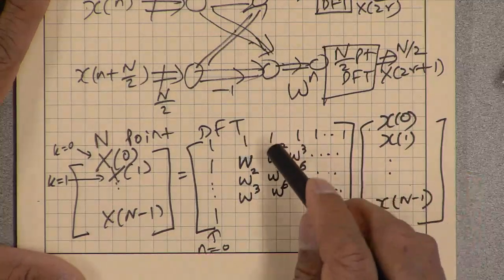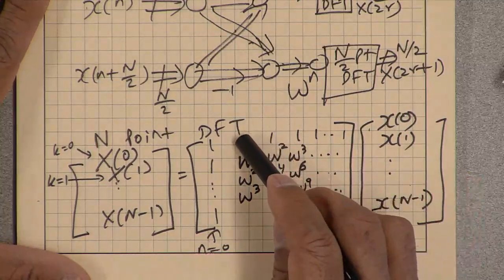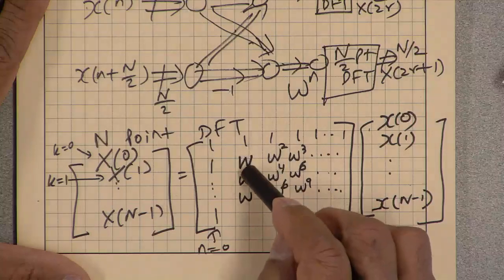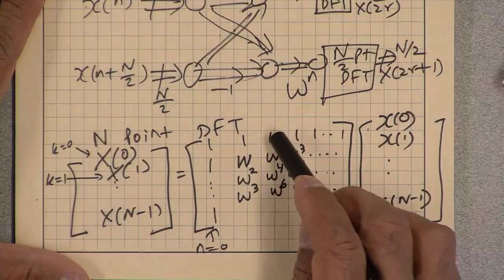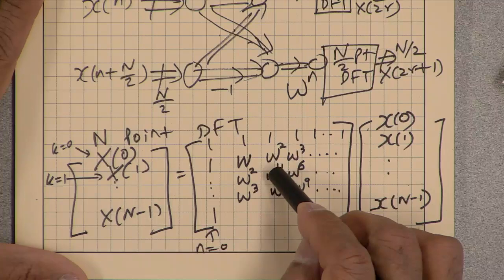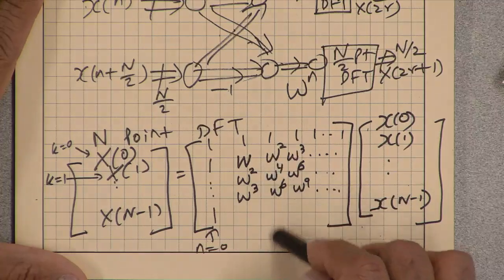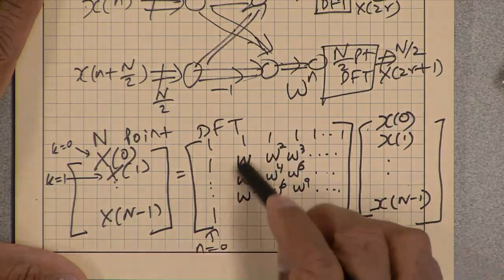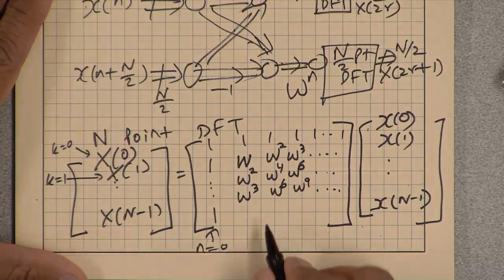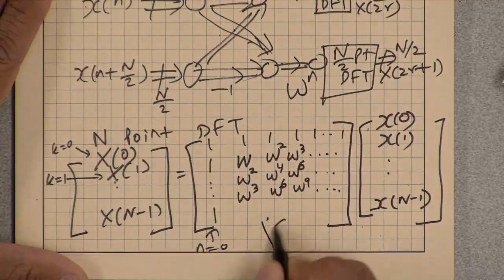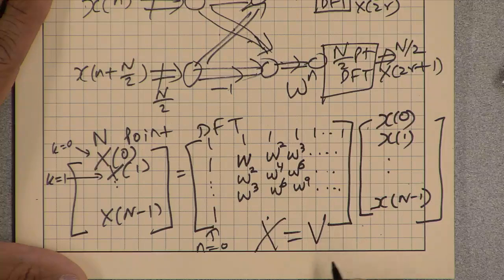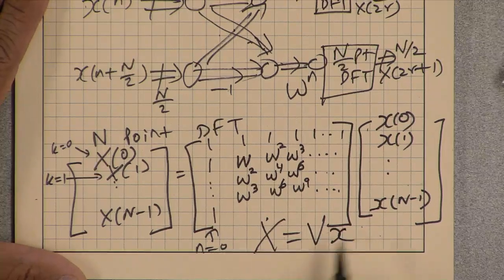So if you look at the first column, W squared, W cubed, etc. Second column, W squared, W fourth, 6, 3, 6, 9, etc. And so let's call this matrix B, so X is equal to B times lowercase x; these are vectors.